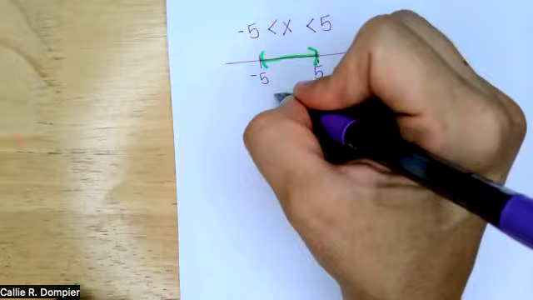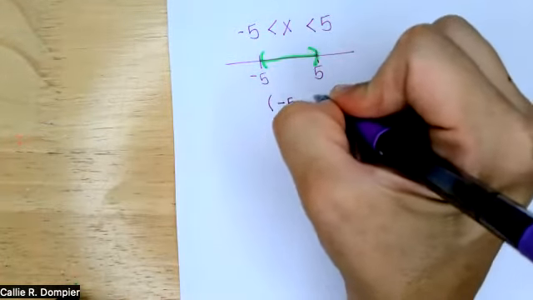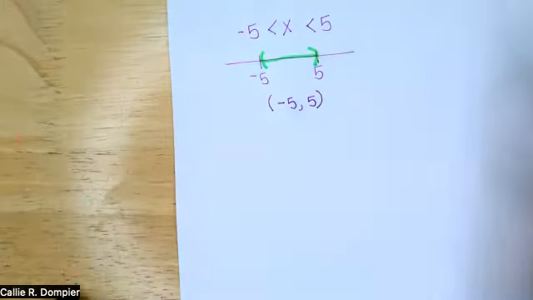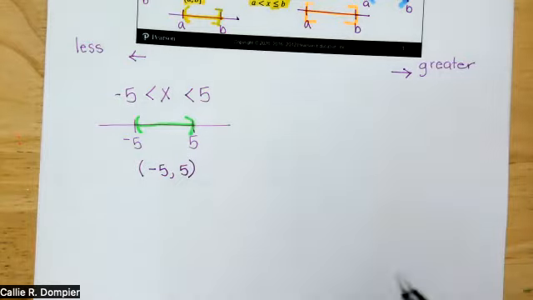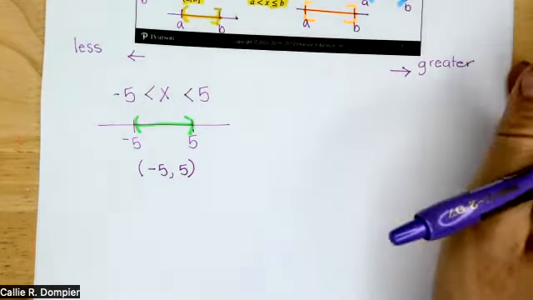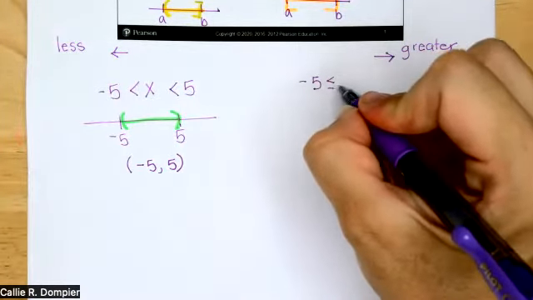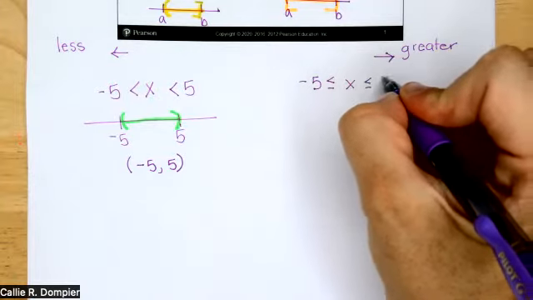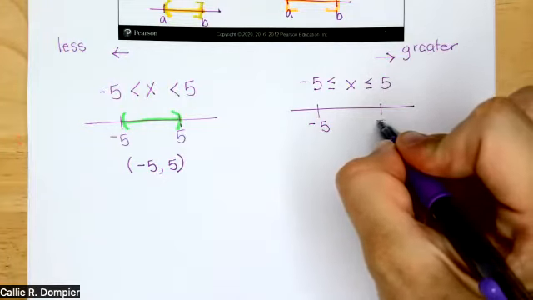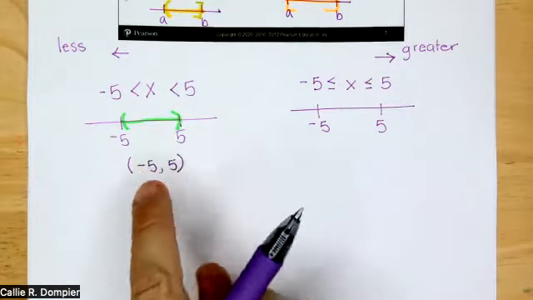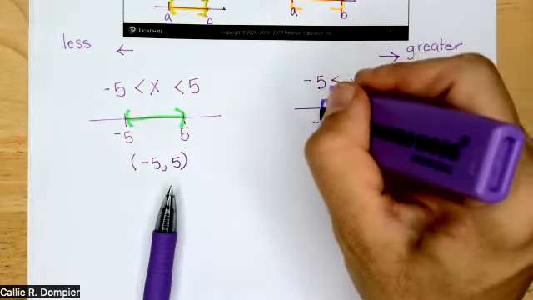And then I can take my interval notation right off my graph, parentheses, -5 to 5, not including 5 or -5. Good. Negative 5 is less than or equal to x, which is less than or equal to 5, is going to look like that same graph, but with brackets because of the equal sign.